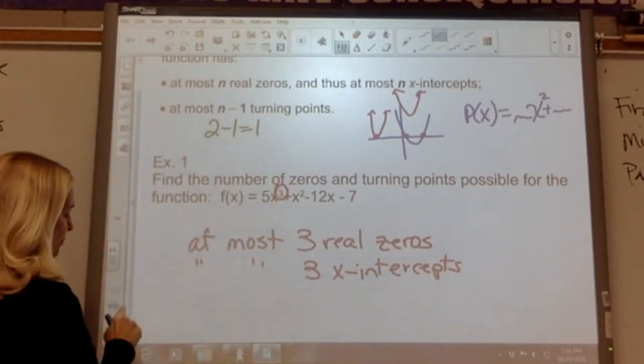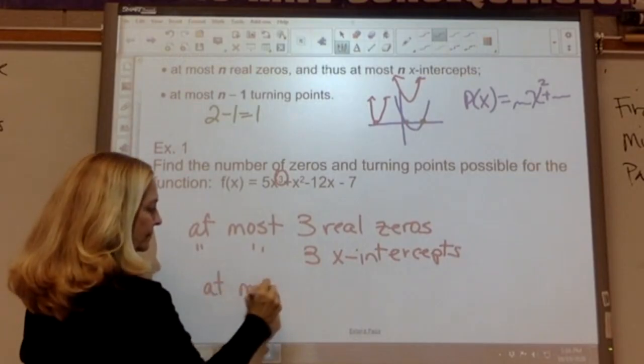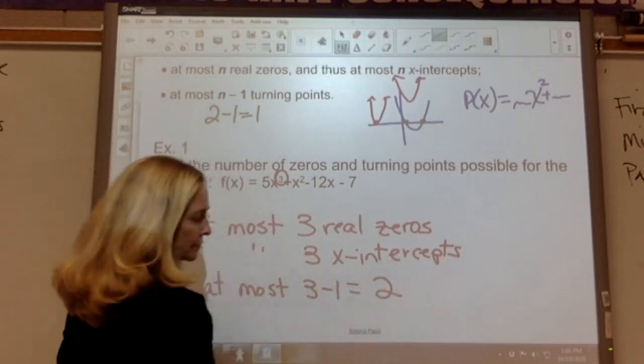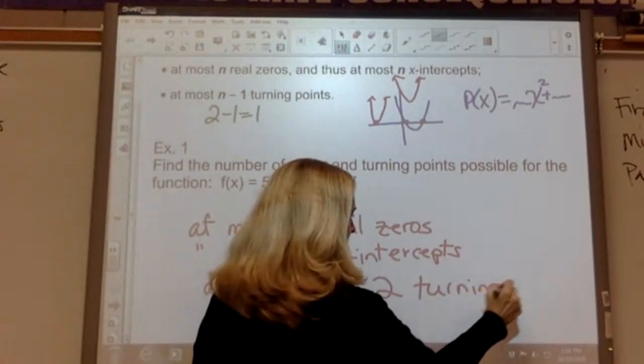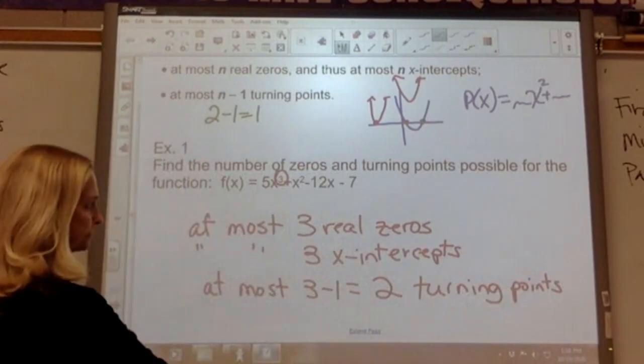And then for turning points, we have at most 3 minus 1, so that would be 2 turning points.